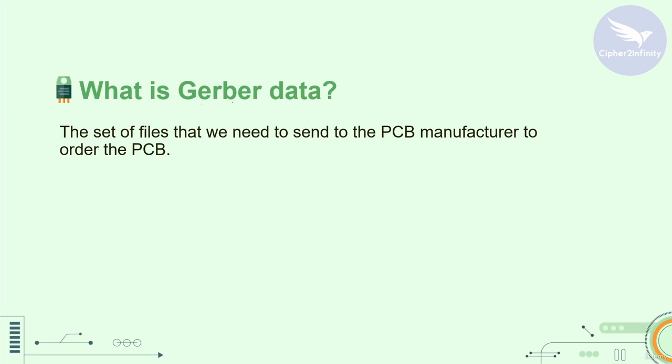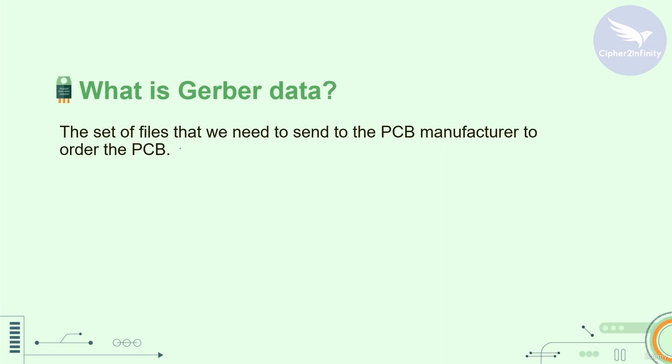Gerber data is nothing but the files which consist of different information regarding the manufacturing of the PCB. The files tell the manufacturer where copper will be, where silkscreen will be, and where he has to create the holes in the PCB. All that information is present in the Gerber data. That's why we need to send the Gerber files to the PCB manufacturer. I hope this point is now clear to you.